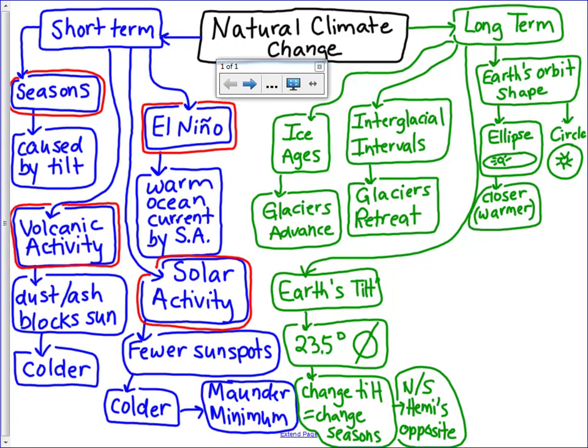If the shape is more circular, then that means that the Earth is further away from the sun for most of its path, and that makes it colder.